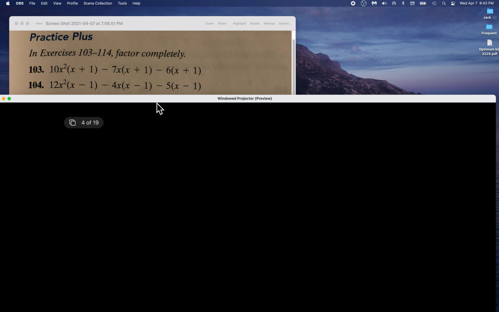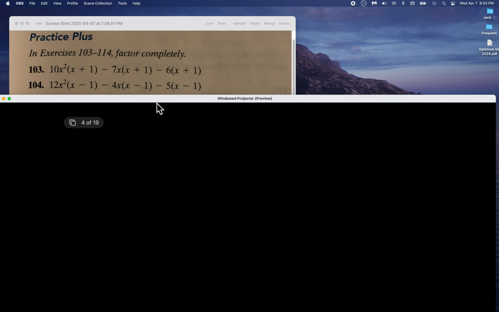Okay. We always want to go back and check to make sure we didn't leave anything in here that we could factor out. And initially, I thought that there might be something to factor out because I had a 12 and a 4, but indeed this final constant here does not allow that.